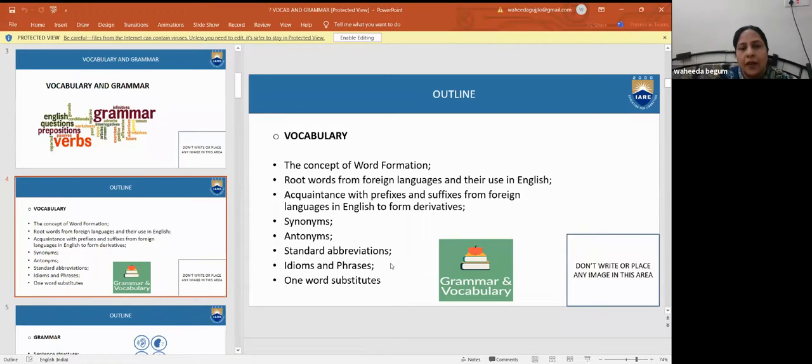Neologism, blending. Yes? Nobody remembers anything? Then we also did root words from foreign languages and their use. Acquaintance with prefixes and suffixes from foreign languages. Okay? Don't remember anything? One word substitute?